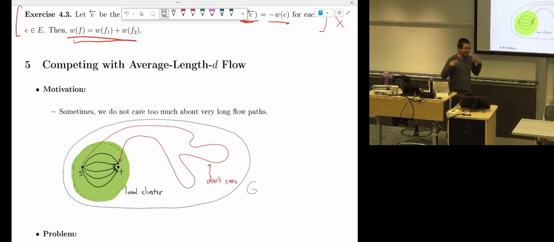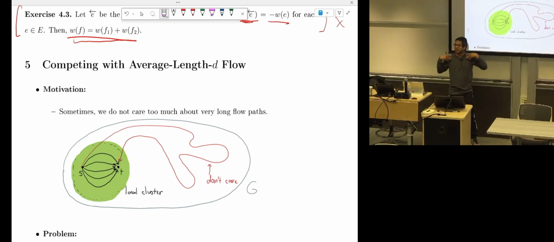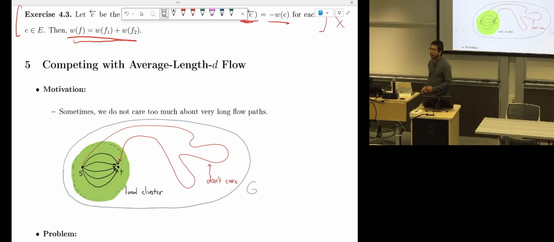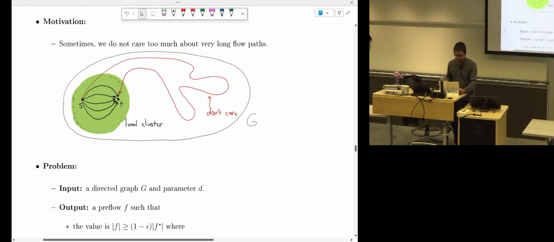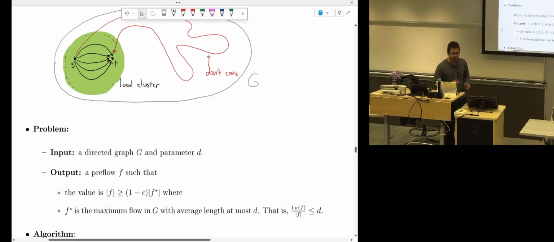Like this black one is short, and it makes sense to just try to send flow that is as good as the best short flow. That's the goal here. So here is a formalization of the problem. You have a graph.